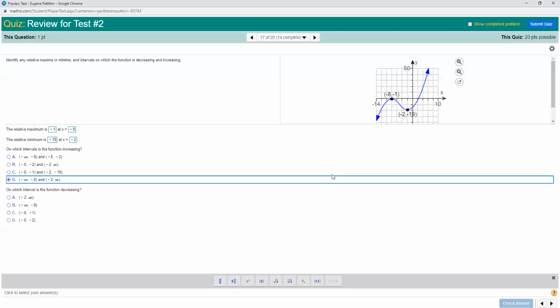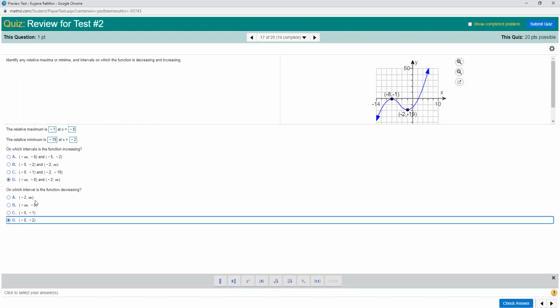Now, decreasing is just this little part right here going downhill. It starts at this x value of -8, and it's going downhill until I hit this x value of -2. So we need -8 to -2.